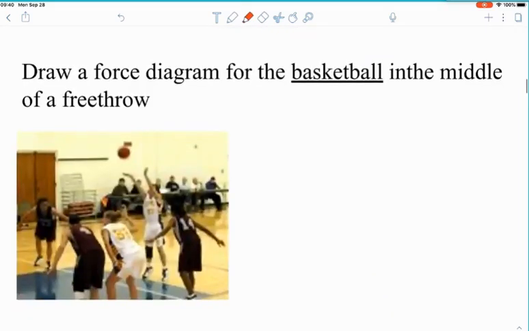Then we have the basketball in the middle of a free throw. So in the middle of a free throw right here, we have our ball. And you will notice that it is, of course, always going to experience gravitational force. So I'm going to draw my ball over here. It has gravitational force. But that's it.